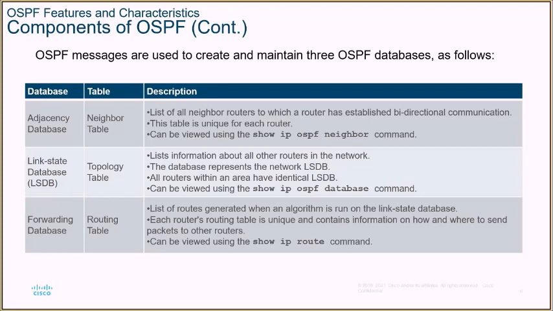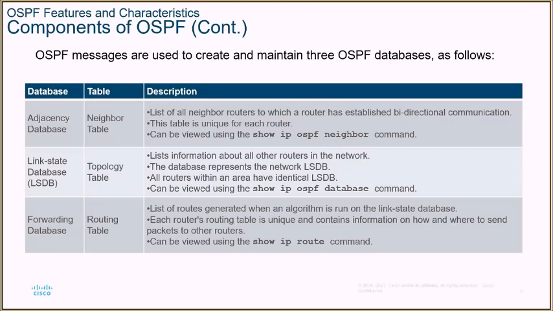And so basically, all routers that are running OSPF within an area will have an identical link state database. So they all exchange the same information, and so they build the same database. And so if you do show ip ospf database, you can actually see what is in that database. And it is that information that is used to then create the forwarding database.